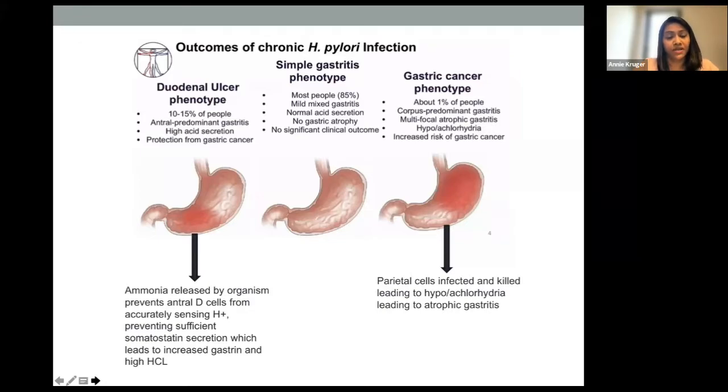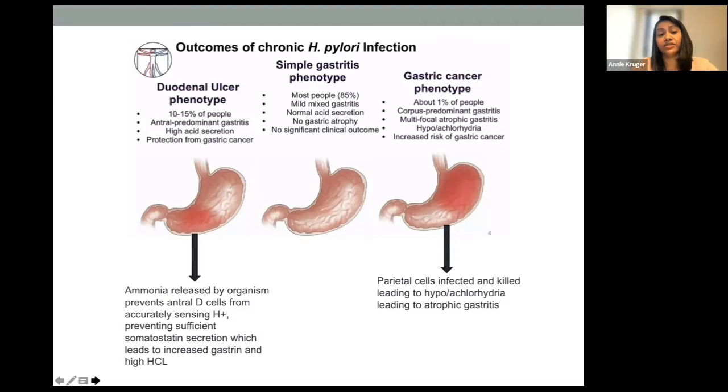The ammonia that it releases prevents the antral D cells from being able to sense how much acid is there. And so because it can't sense exactly how much acid is there, it doesn't release the appropriate amount of somatostatin to suppress gastrin secretion. And so you get very high gastrin levels and therefore high HCl levels in the stomach.